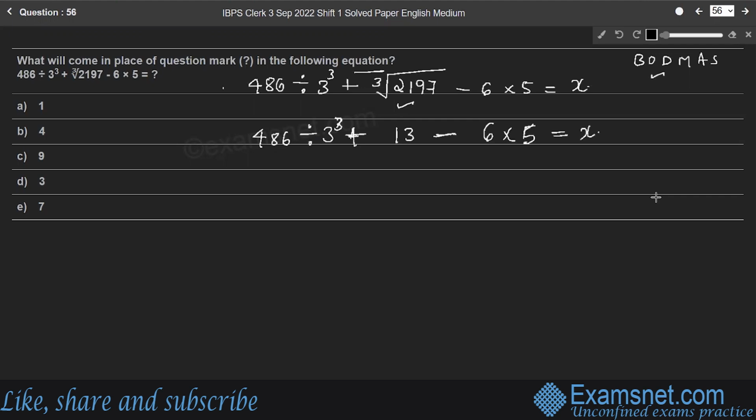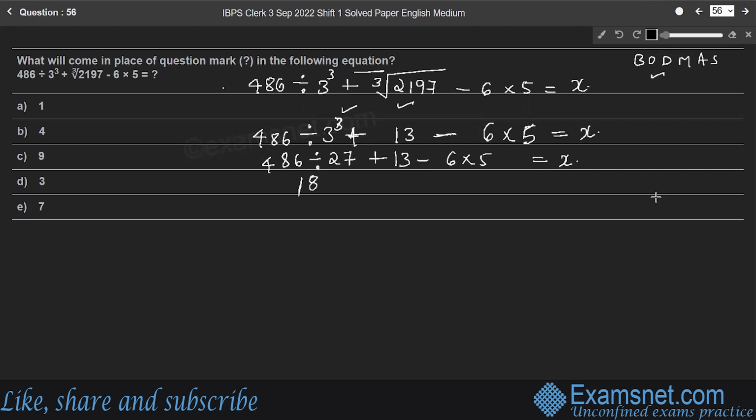is equal to x. So here the next part is, again you can write cube of 3 also at the same time. 486 divided by cube of 3 is 27 plus 13 minus 6 into 5 is equal to x. So 486 by 27, it is 27 into 1, 37, 47.